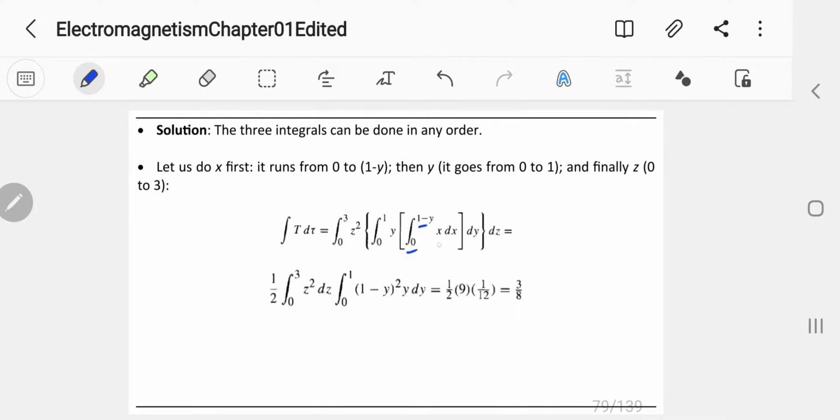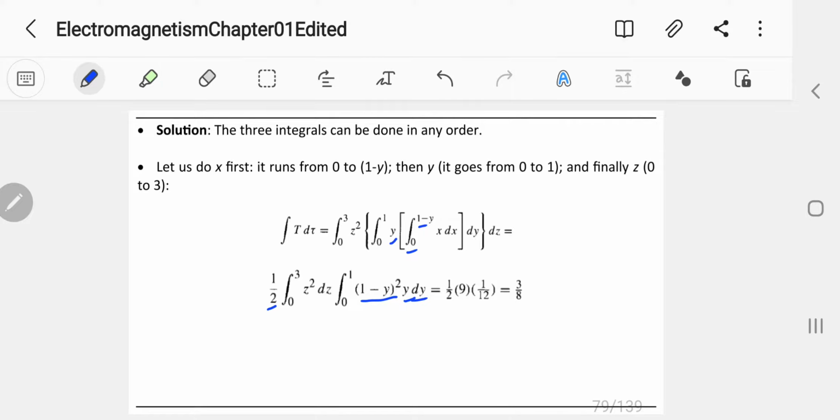The integral of x dx is x squared over 2. So the 1 over 2 you can write here, and then x squared, from 0 to 1 minus y, gives 1 minus y squared minus 0 squared, which is just 1 minus y squared. Then you have the y here and the y here, and you integrate with dy.